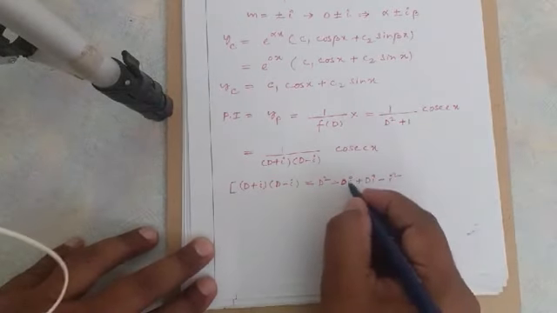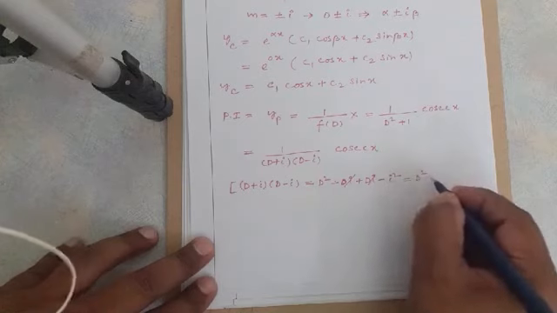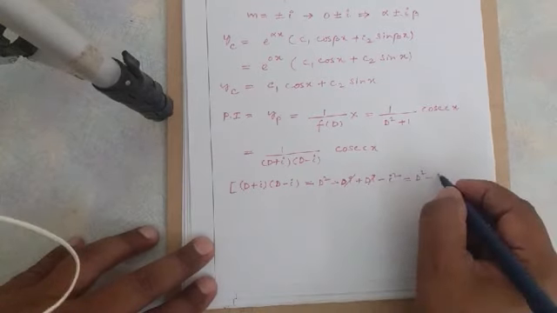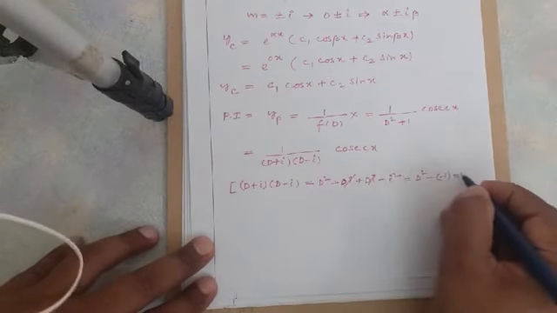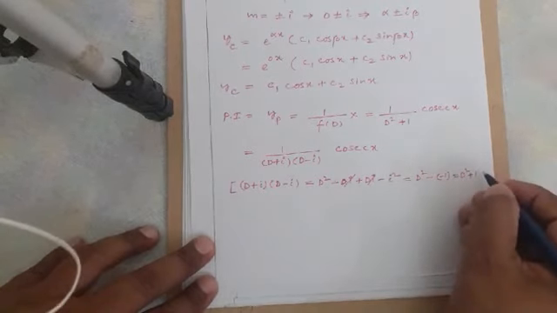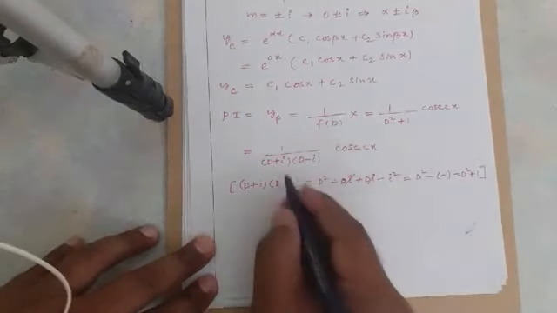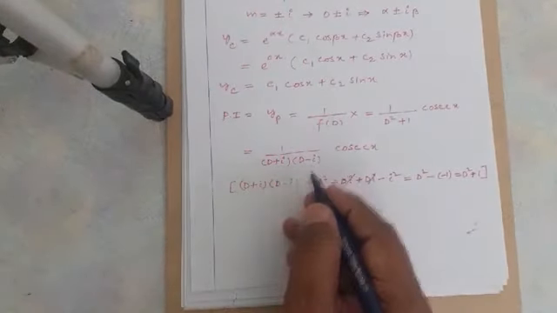Plus Di and minus Di cancel, so this is D squared minus i squared, which is D squared minus (minus 1), so D squared plus 1. So in the denominator, in place of D squared plus 1, I am writing D plus i into D minus i.